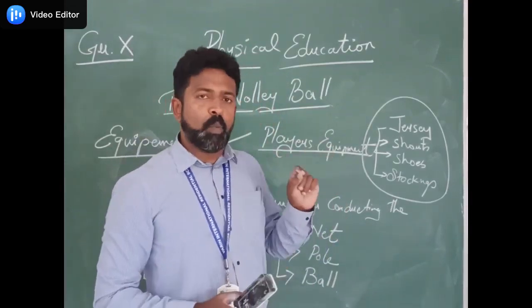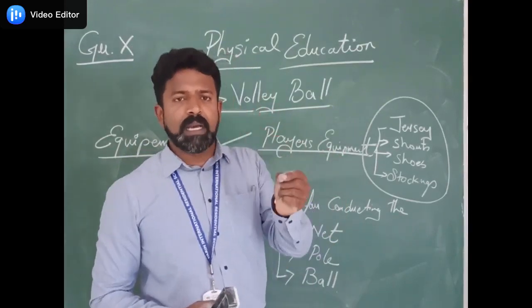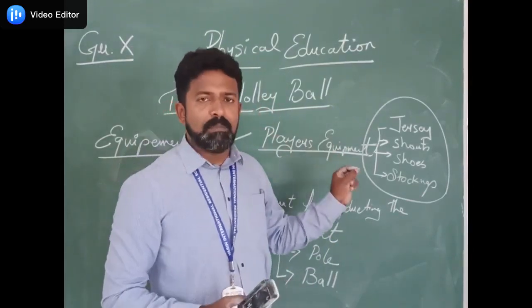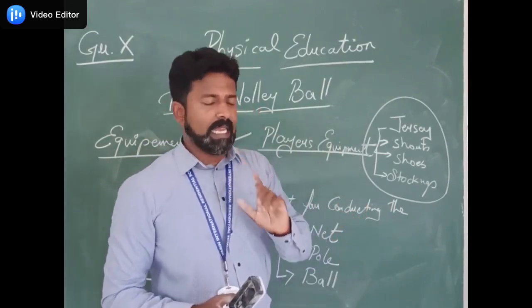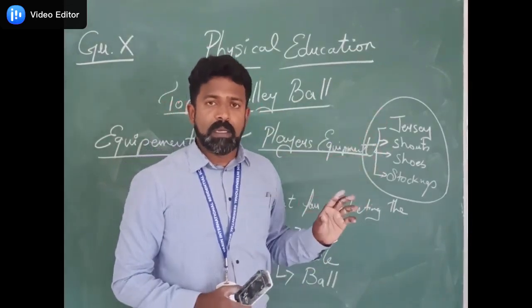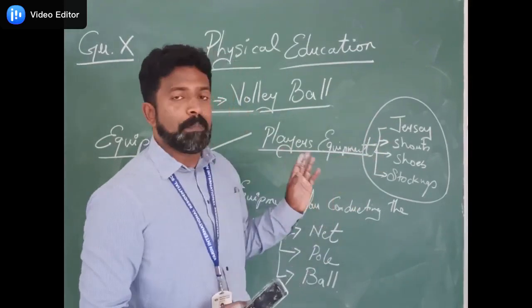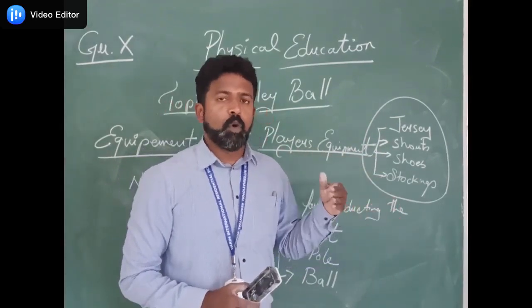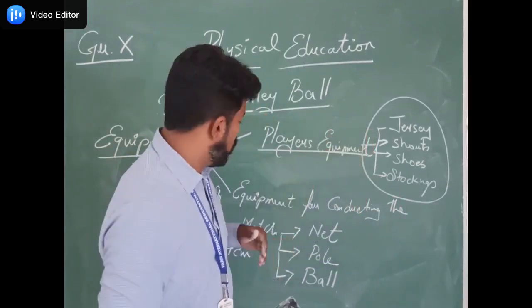I will explain in detail why the libero is in a different color from the other team members. But these are the things to take care of regarding the player's equipment when you are going to play volleyball.